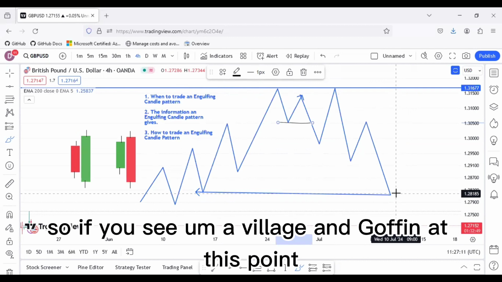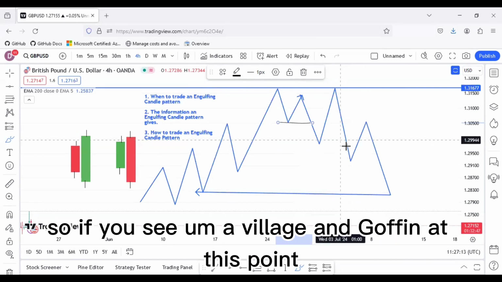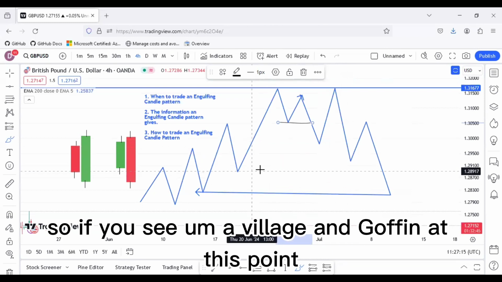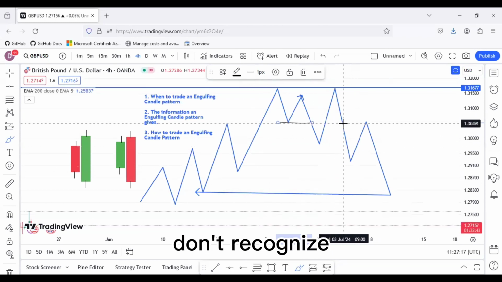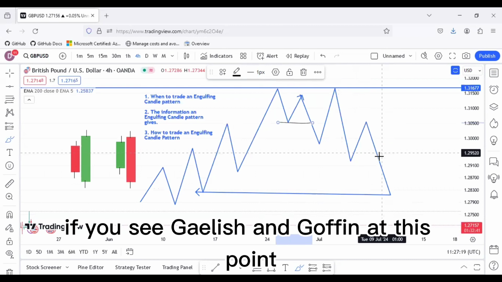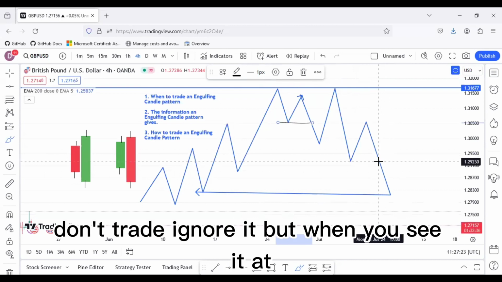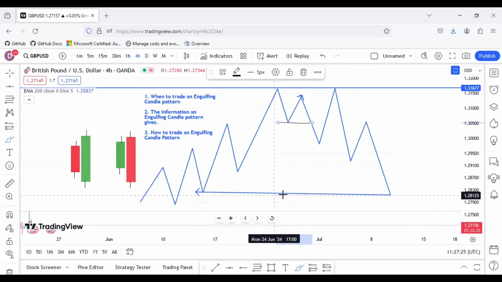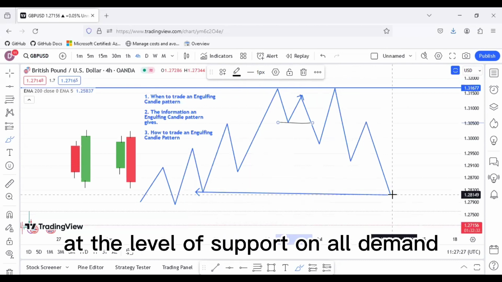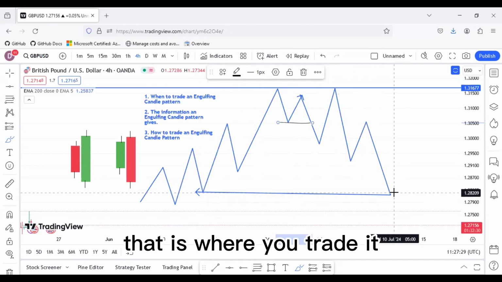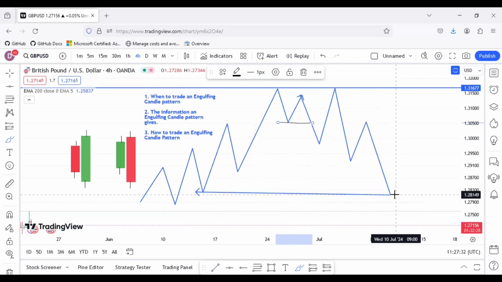So if you see a bearish engulfing at this point, don't trade, ignore it. If you see a bearish engulfing at this point, don't trade, ignore it. But when you see it at a level of support and or demand, that is when you trade it.